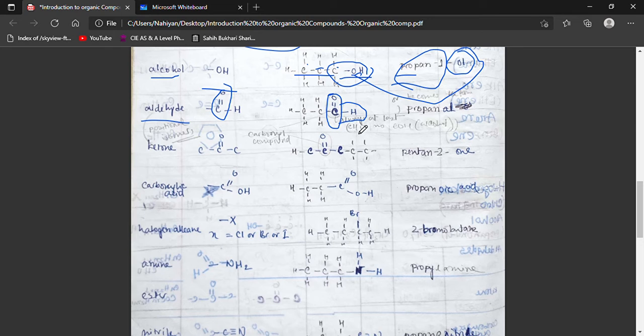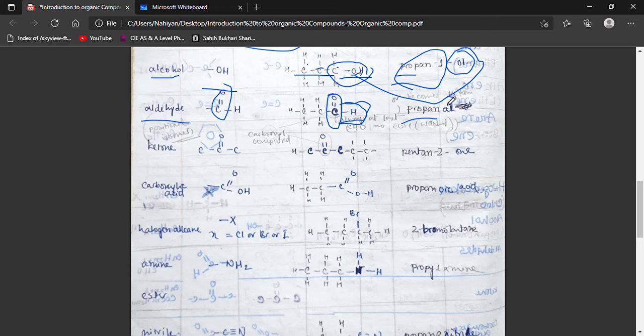So this is how the hydrogen is there in the formula. But the main thing is that the oxygen is double bonded to the carbon at the last, or the first atom, I mean, at the end of the chain.